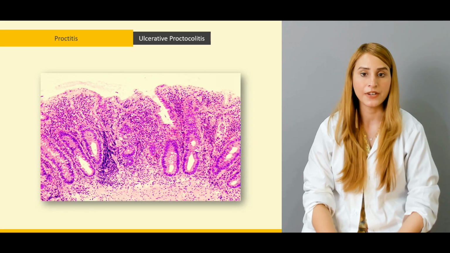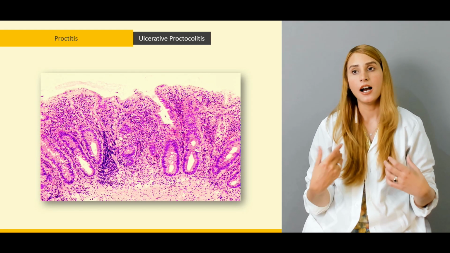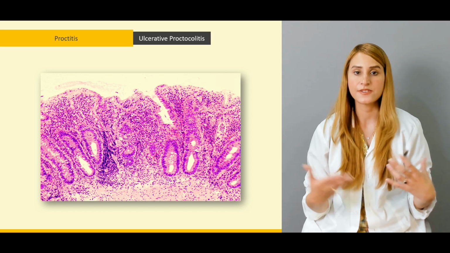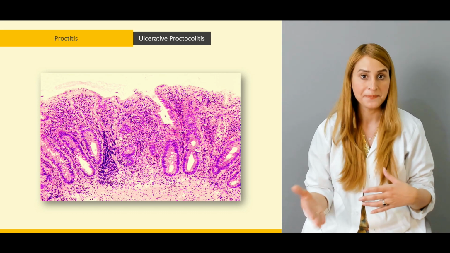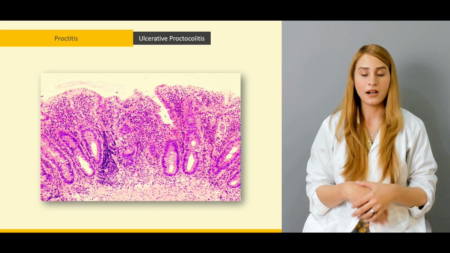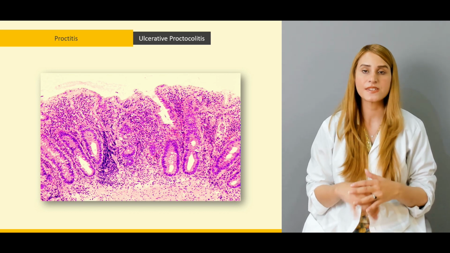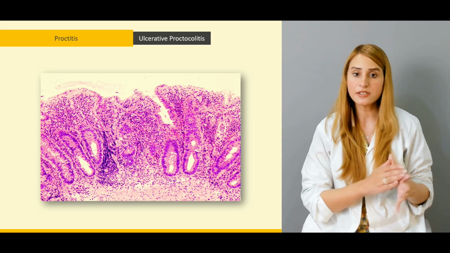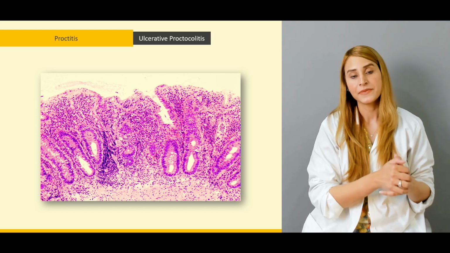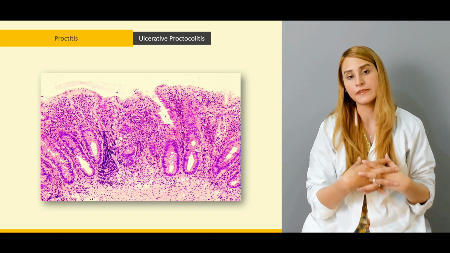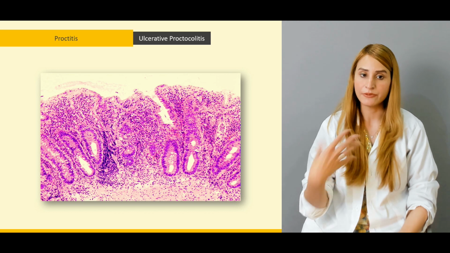One is the ulcerative proctocolitis. That means the proctocolitis which is associated with ulcerative diseases like ulcerative colitis, right? So this is the inflammatory bowel disease. It doesn't only involve the colonic mucosa, but it also involves the rectum as well.